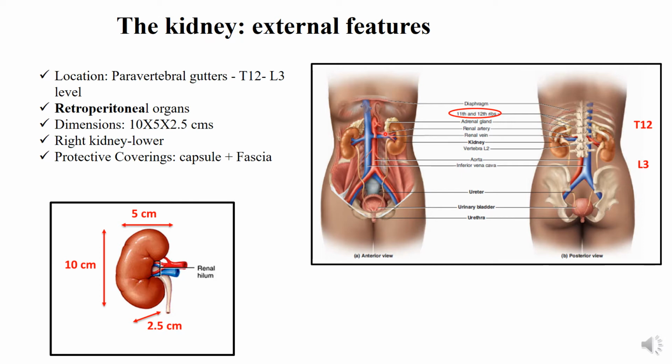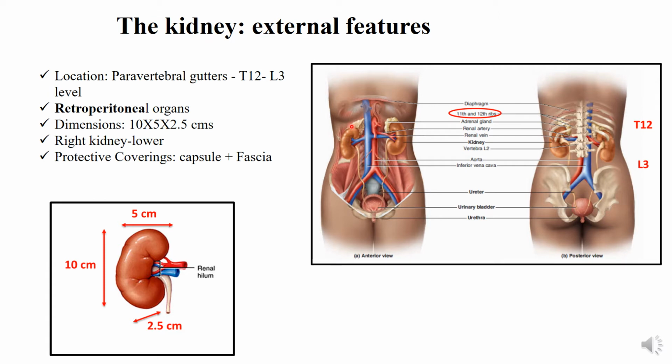And if you compare the position, we will find that the right kidney is slightly lower than the left, and that is because of the presence of the liver superior to the right kidney. Since the liver will occupy considerable space on the right side superior to the right kidney, the right kidney is lower than the left kidney.